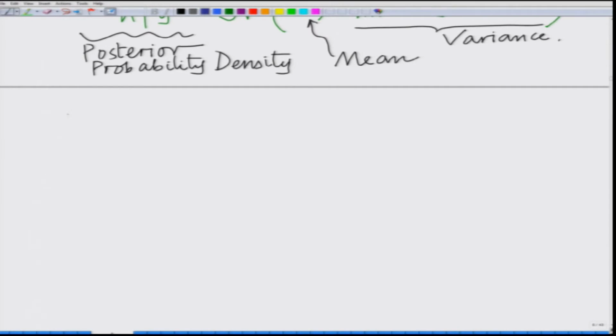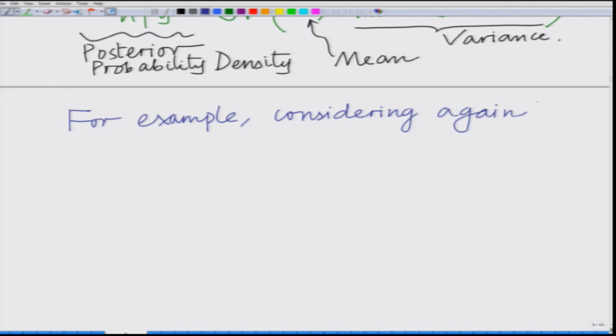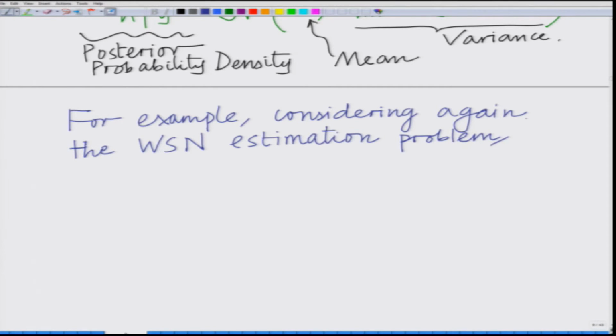For example, consider again our wireless sensor network, the WSN estimation problem.